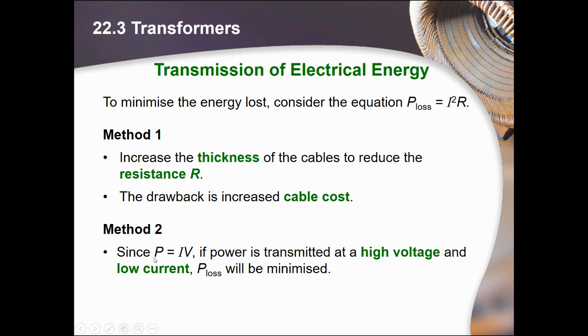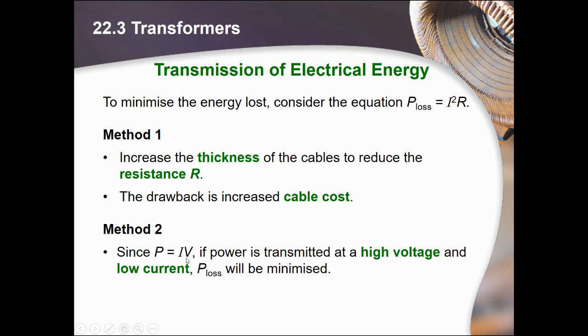We know the formula power equals V times I. If the power is transmitted at a high voltage, so if I increase the voltage, my current will be very low. So if it's at a high voltage and low current, the power loss will be minimized.